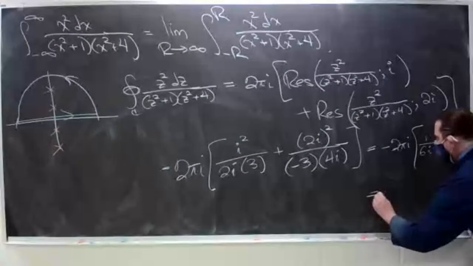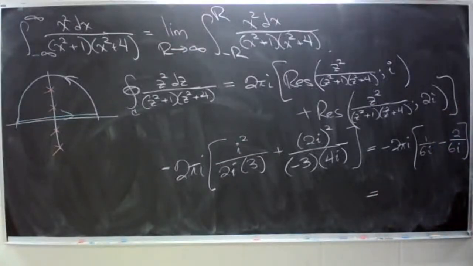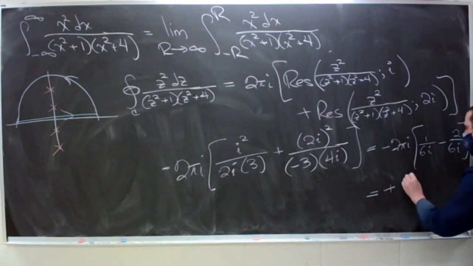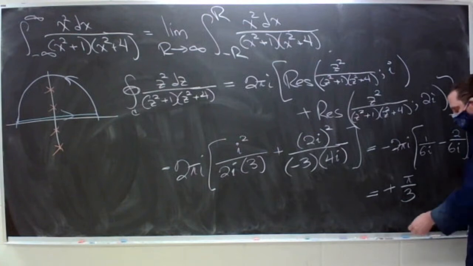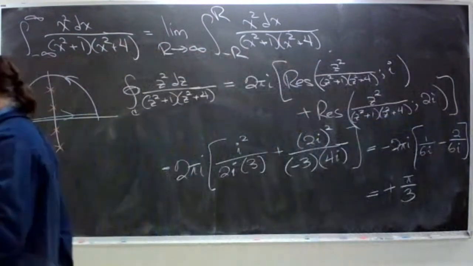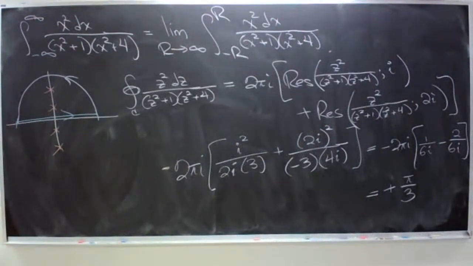All right? So that's going to give me positive pi over 3. Now that's the loop integral, pi over 3.